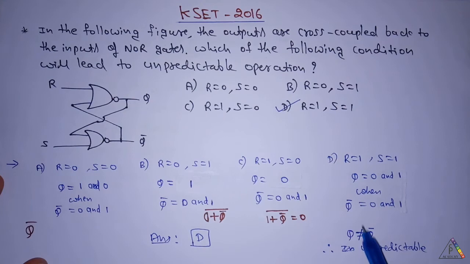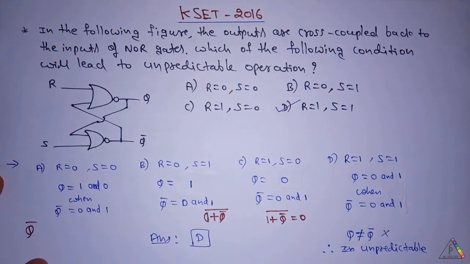This tells that the complement and Q are equal, which is an undetermined or unpredictable state where Q and its complement are not equal. Here it is showing equal, but this is the unpredictable option.